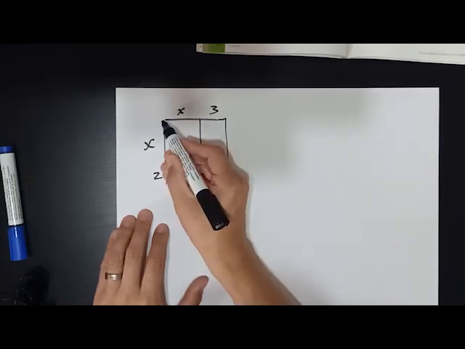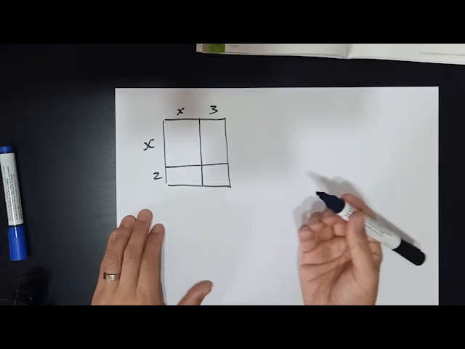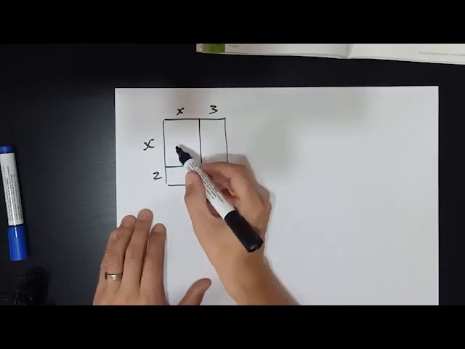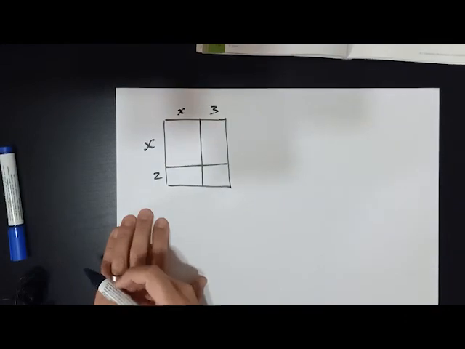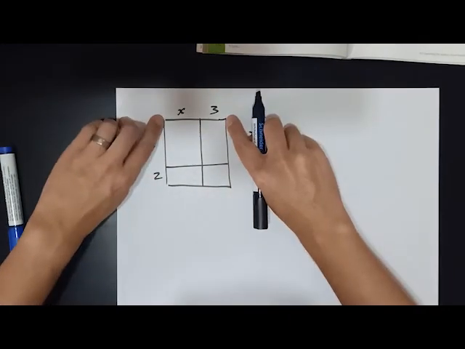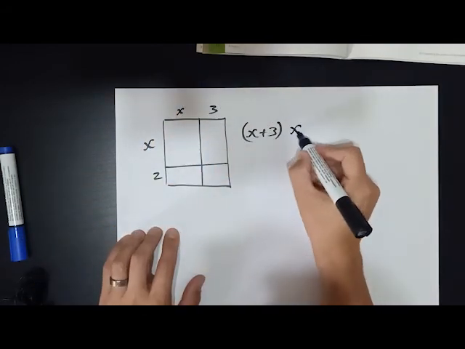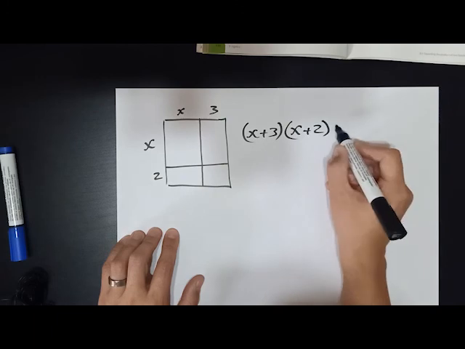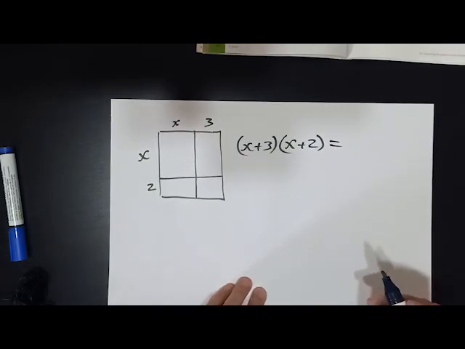We're told that the length of this part of the field is x plus 3 and the length of that is x plus 2. So you can do that grid method here if you want, or you could just write it out. Because this whole length is x plus 3, this whole length is x plus 2. So that's actually very similar. Great.